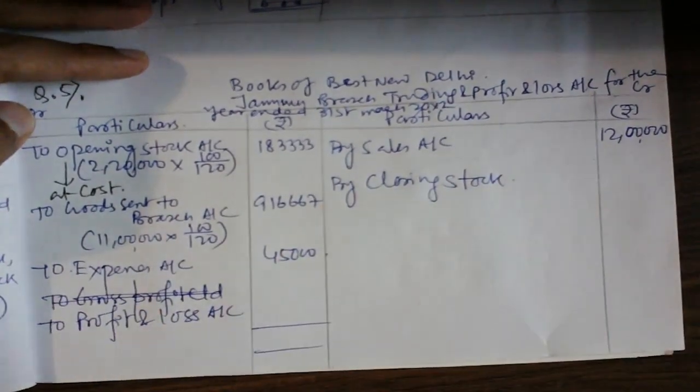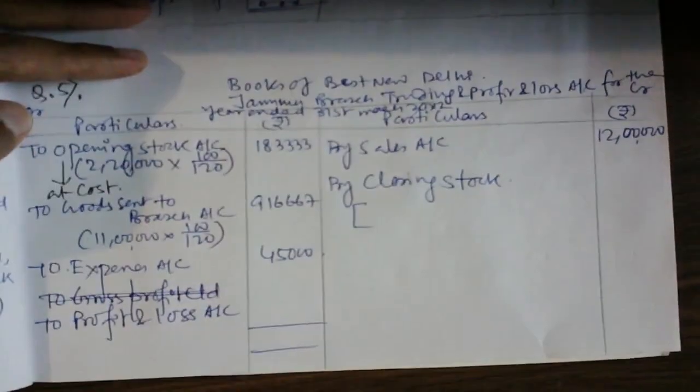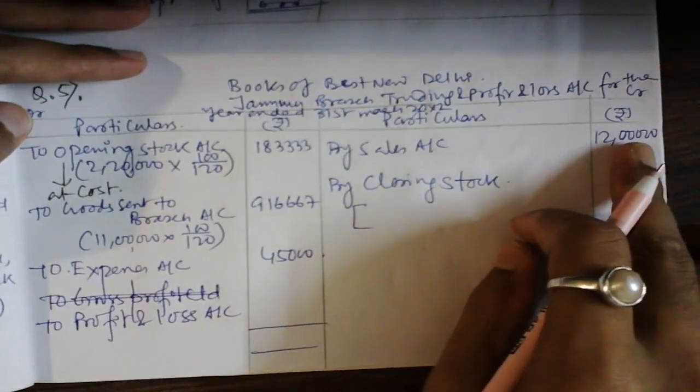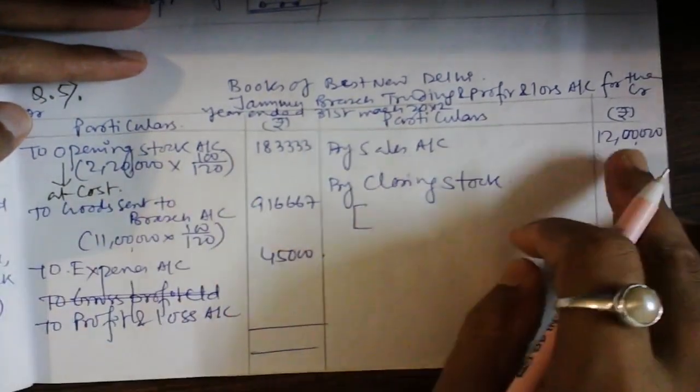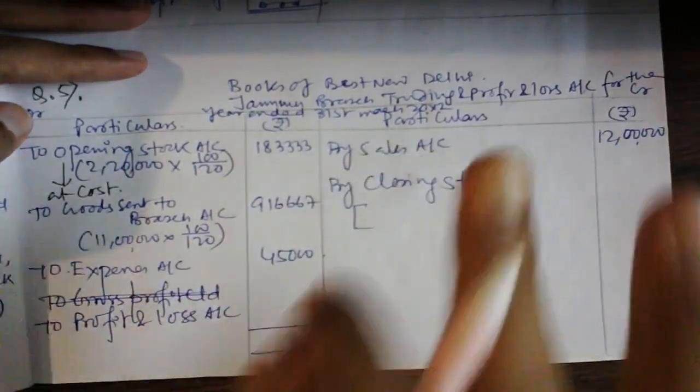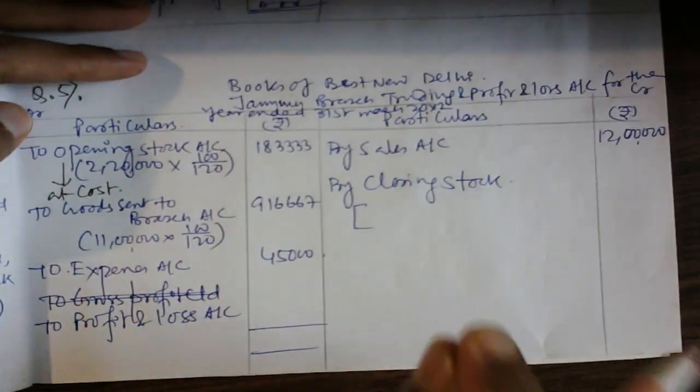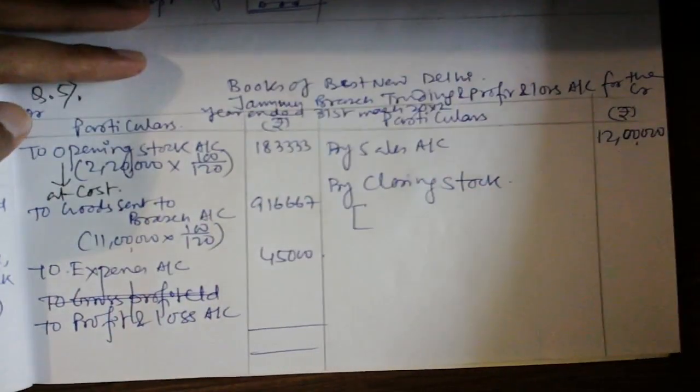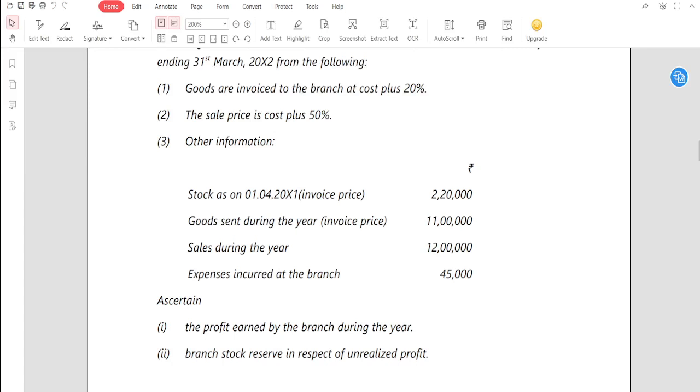Now just try to focus. The sale has been made at 12 lakh rupees at the rate of 150%. It means 50% profit on cost. क्या लिखा है? 50% profit on cost. It means the sale is nothing but 150% of the cost.